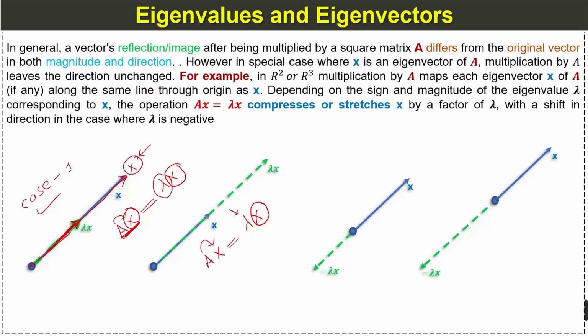Here we have the original vector x in blue color from the origin, and after multiplication with the matrix we can see that the vector x stretches by the factor of lambda. This one is the second case. In this case the vector is stretched, and in the earlier case the vector is compressed.